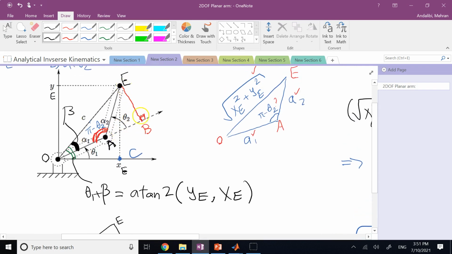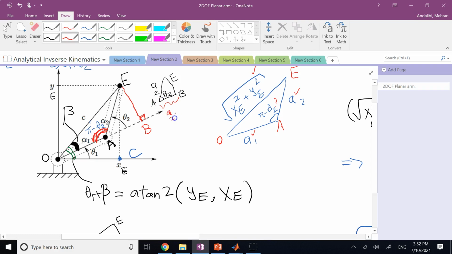Well, if I want to find EB, I look at this triangle now, this triangle EAB. EB that I'm looking into is in front of the angle theta 2. This side from A to D is A2. Therefore, I can say the distance from A to D is what?